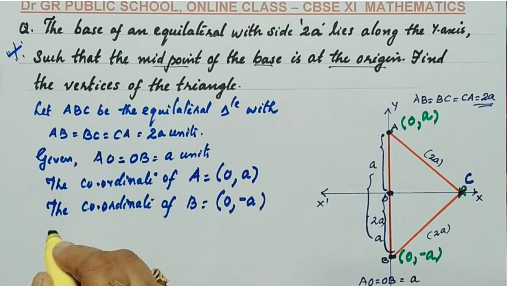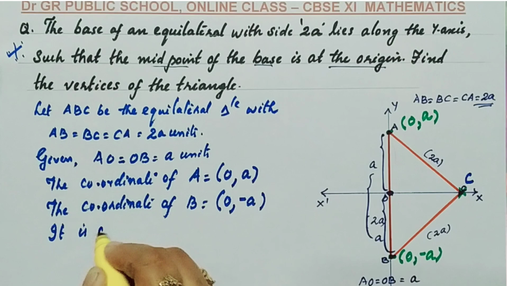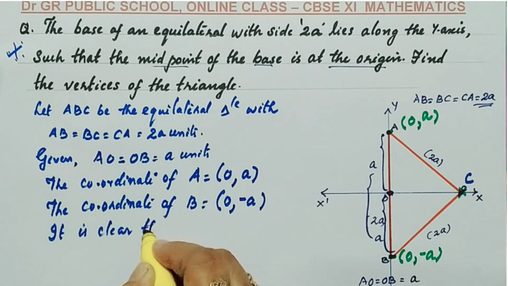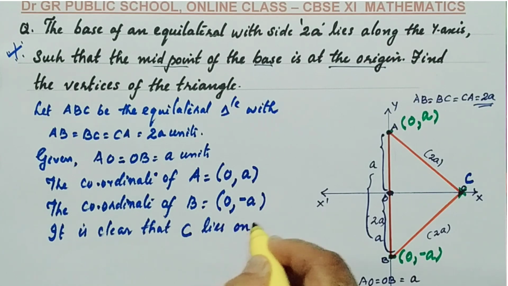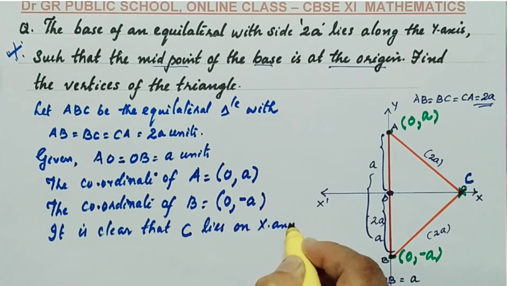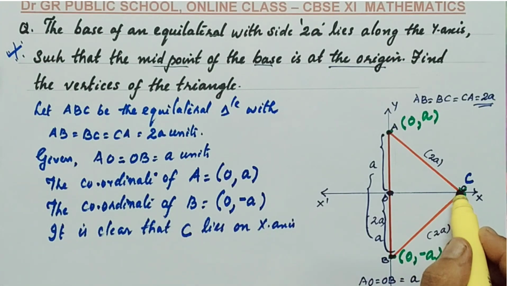Now, it is clear that C lies on the x-axis. Can I say why? Why does C lie on the x-axis?